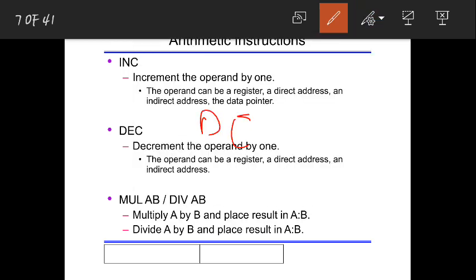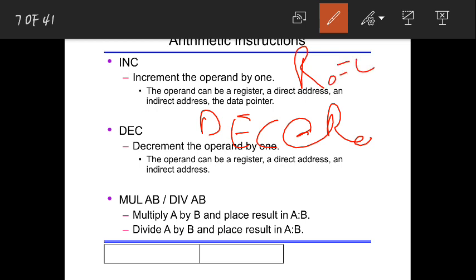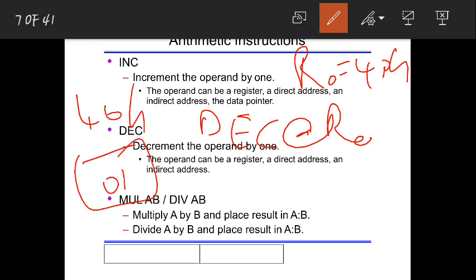I am writing DEC @R0, and R0 is pointing towards the 40H location. Suppose 40H has 01H inside it. Then decrement @R0 means R0 is pointing to 40H, and the content present in 40H is 01, so this will be decremented by 1.